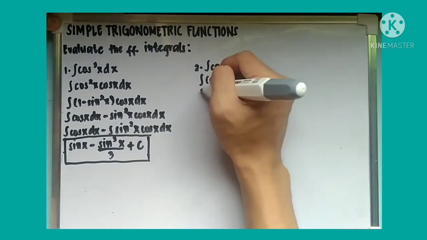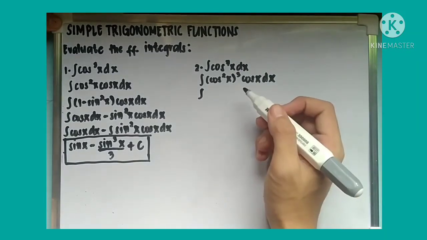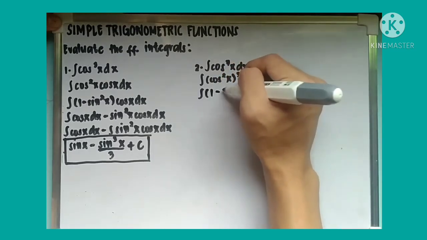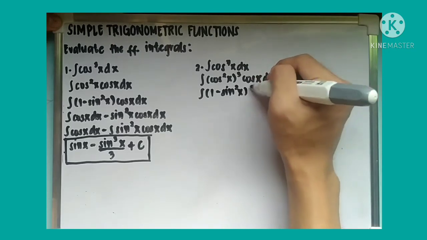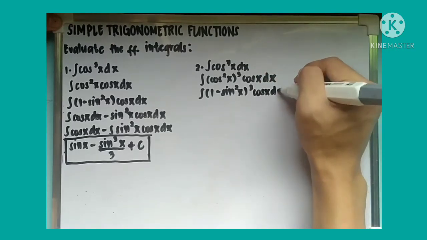And then simplify natin. So since may equivalent value tong cos squared x, which is the quantity of 1 minus sine squared x raised to 3 times cos x dx.